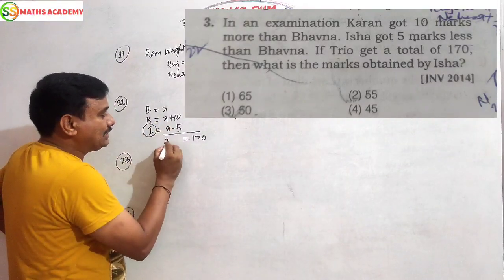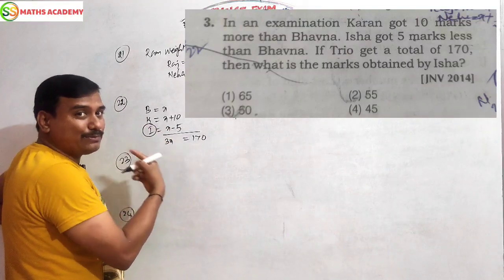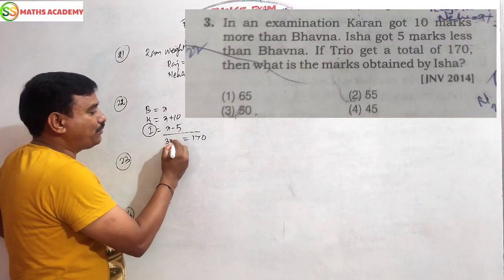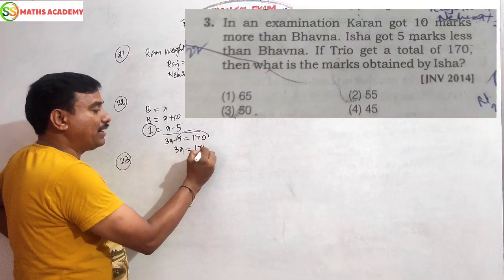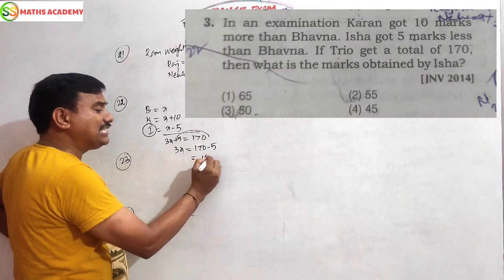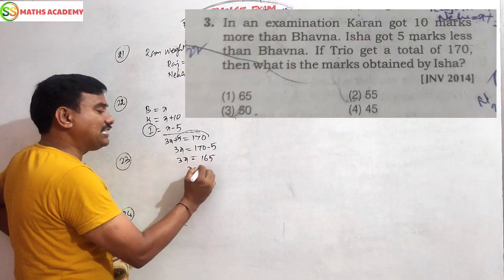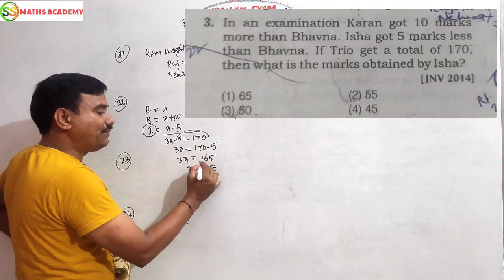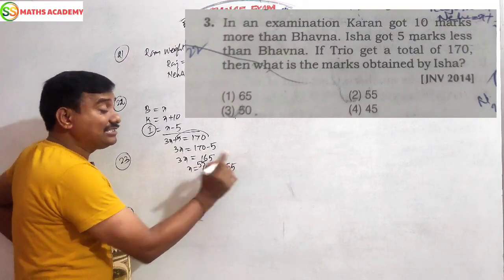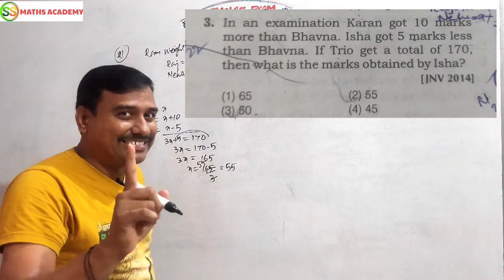Now x plus x, 3x. Plus 10 minus 5, plus 5. Now here plus 5 transferred to the right side becomes minus 5. 170 minus 5, 165. Here 3x equals 165, x equals 165 by 3. 3 1 3 5 15. 55. Answer 55 is not correct, my dear students.